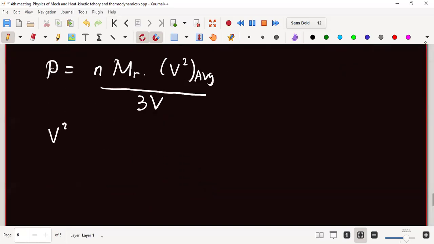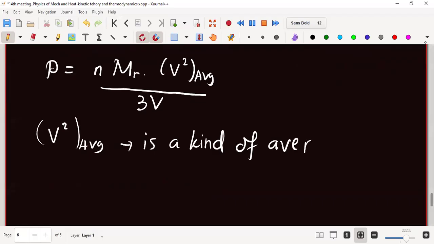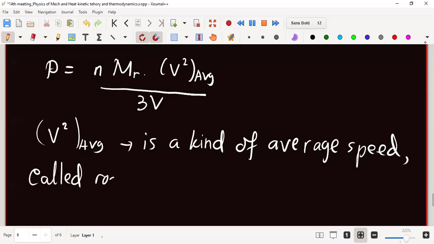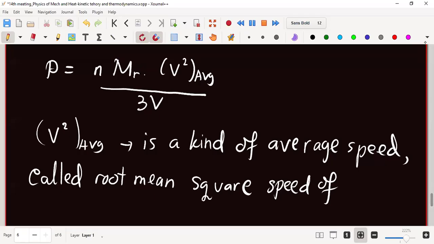Okay, V average is a kind of average speed, or we can call it root mean square speed of the molecules.